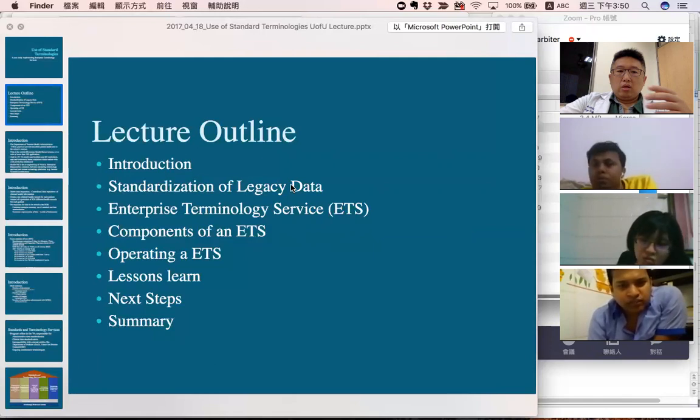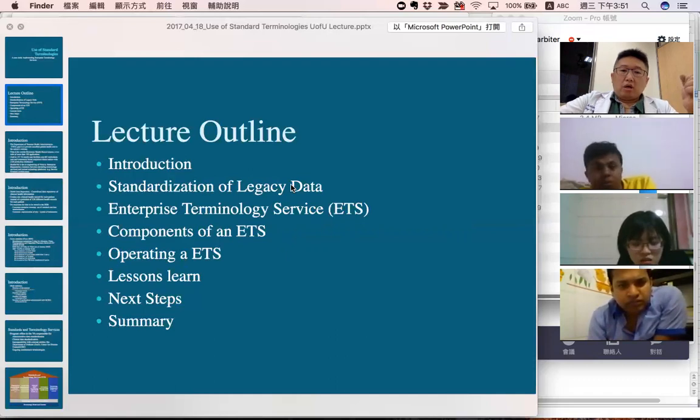Legacy sometimes means old; it means the previous system. That's particular for the HIS. We always have a new system, then we need to deal with the legacy system. Later we will talk about how we deal with the legacy data.